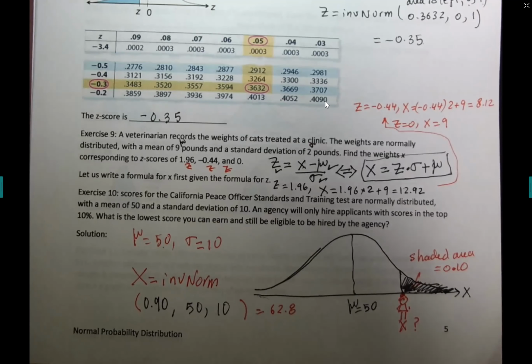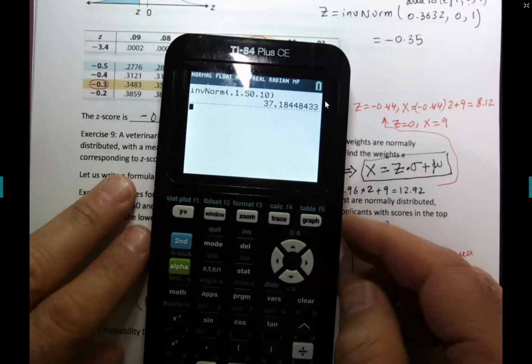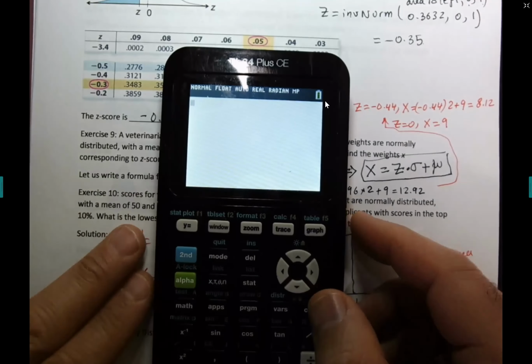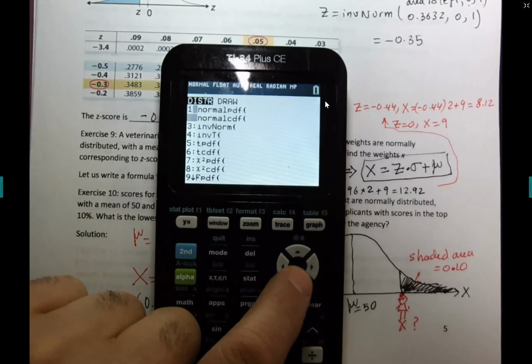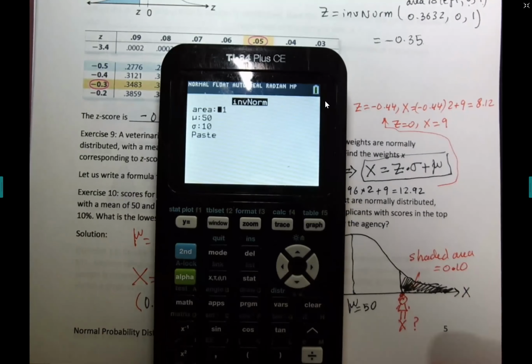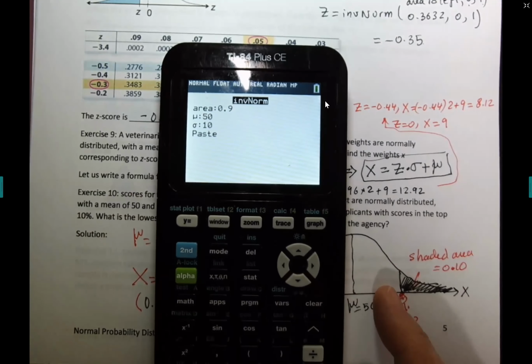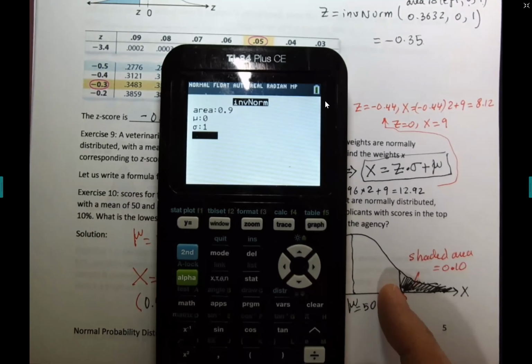If a student wanted to use z-scores instead of directly doing this, let me show you what else you could have done, but I don't recommend that since we're using technology. If you do second distribution, watch, guys. You put 0.9, this is the correct area, and 0.1 instead. Paste.